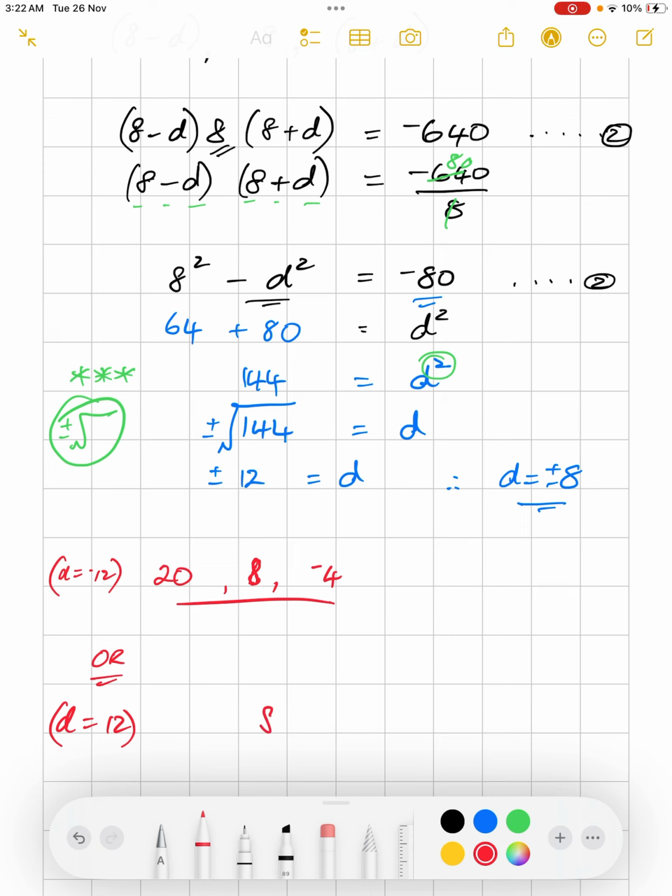So you start with 8 in the middle, 8 plus 12 is 20, and 8 minus 12 is negative 4. So those are the two sequences that work for our problem. I hope this has helped. Until next time, stay happy.